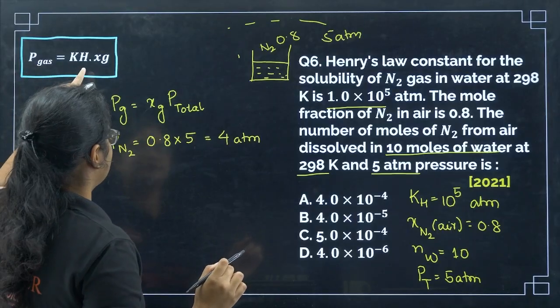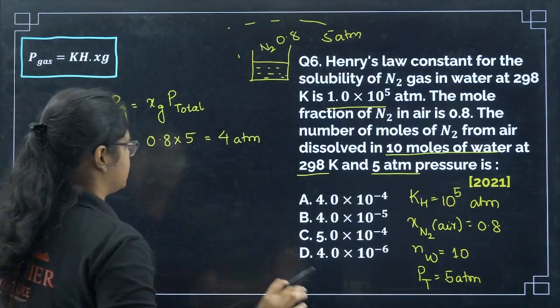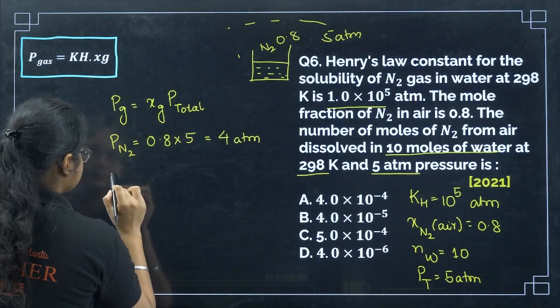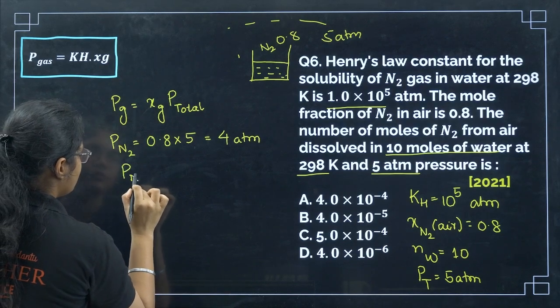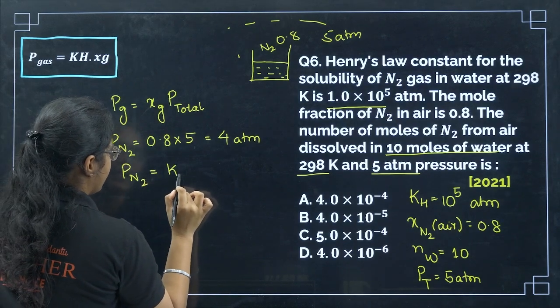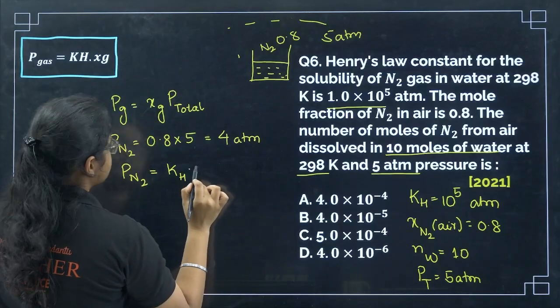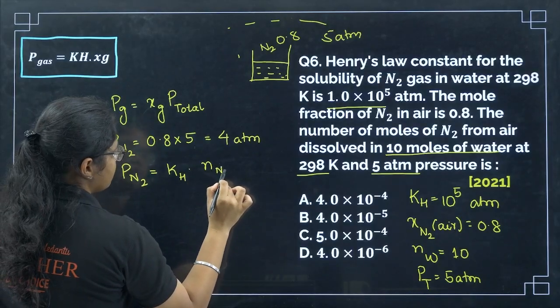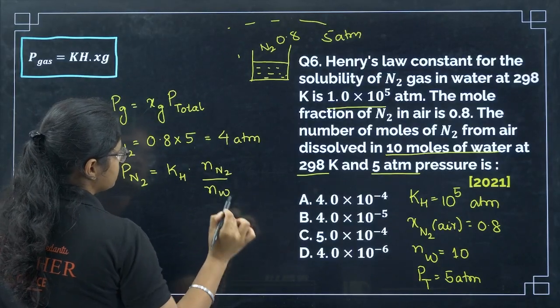KH value is given to me. I have to find this mole fraction of N2. So I can write down P of N2 is equal to KH into mole fraction of N2. And for that I will write number of moles of N2 by number of moles of water.